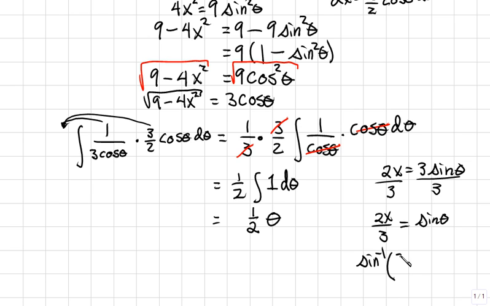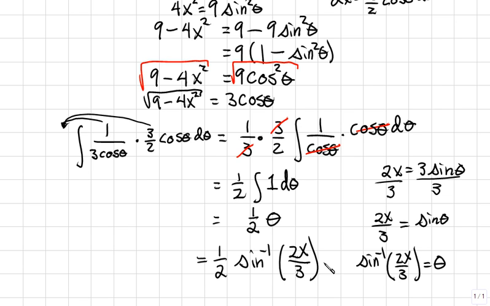So arc sine of 2x over 3 would equal what theta is. So in our final result of our integral, we have 1/2 theta, and replacing theta with arc sine of 2x over 3, we get the result of 1/2 times arc sine of 2x over 3.